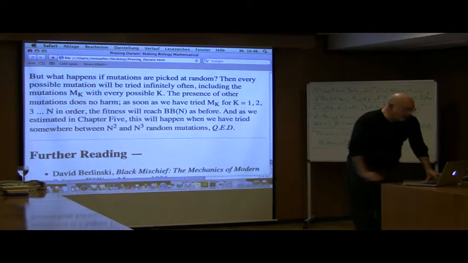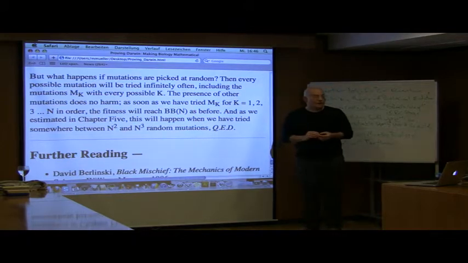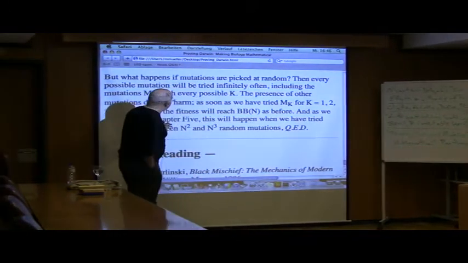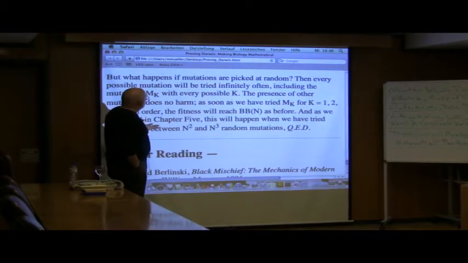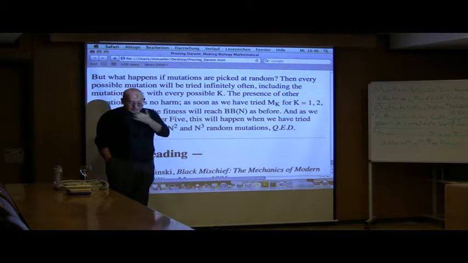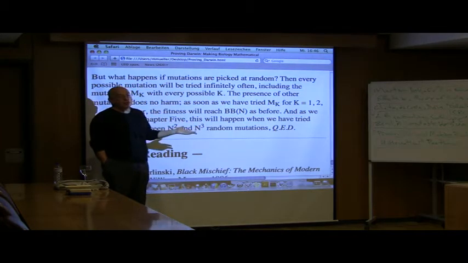Now the question is, what happens if you're picking all possible mutations at random? Well, what will happen is you're going to try every mutation infinitely often, and if the probability of a mutation is p, roughly every 1 over p mutations that you try, you'll be trying that mutation on the average.